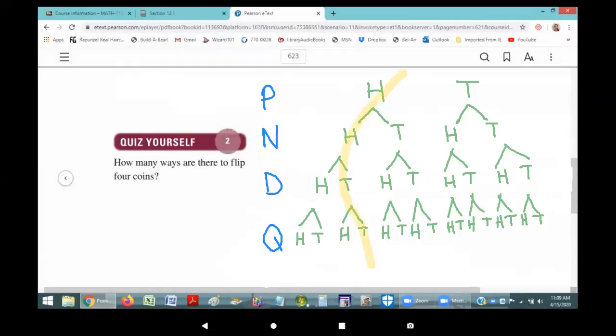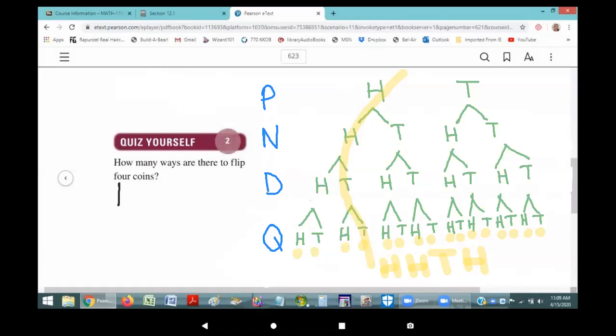So if you follow a path through each coin flip, this one, for example, I've highlighted, is H, H, T, H. There are 1, 2, 3, 4, 5, 6, 7, 8, 9, 10, 11, 12, 13, 14, 15, 16 of these possible outcomes. 16 possible outcomes for flipping 4 coins.